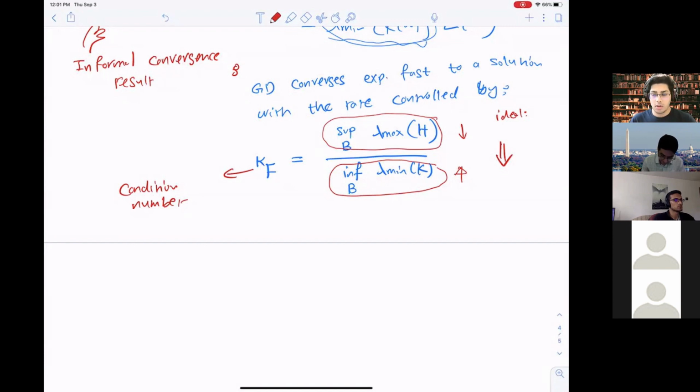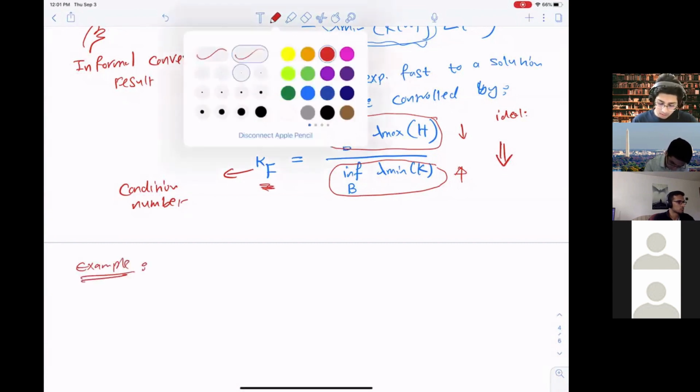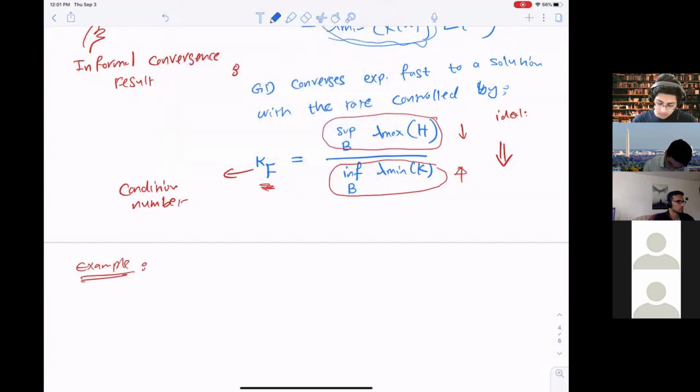All right, so let's get a little bit of a feeling about this condition number. Let's first look at the simplest case, which is the linear model. Let's say I have f of w equal to a linear function A times w. This A basically includes the x's and every constant that you have. So I have a linear system of equations, or you can think of this as a linear model.